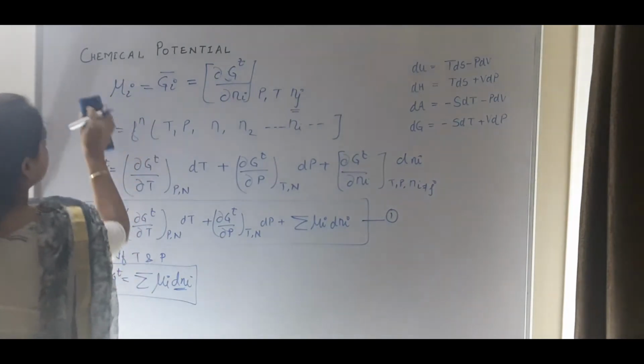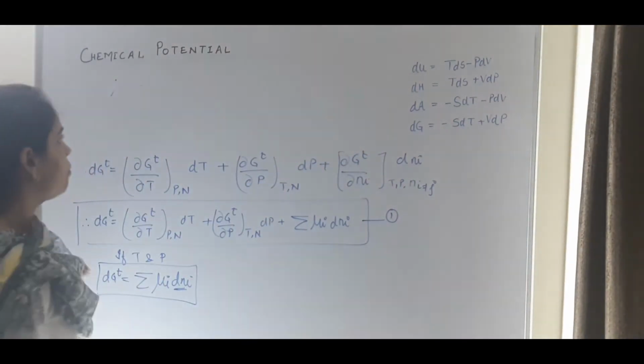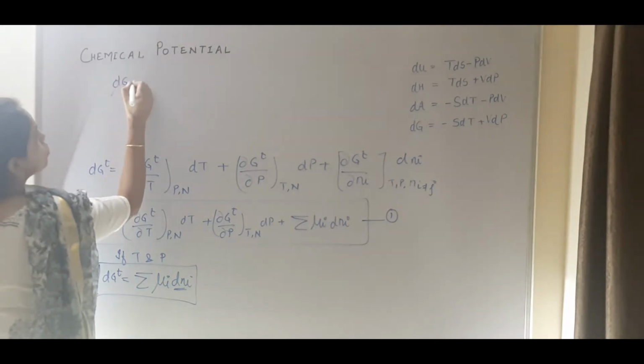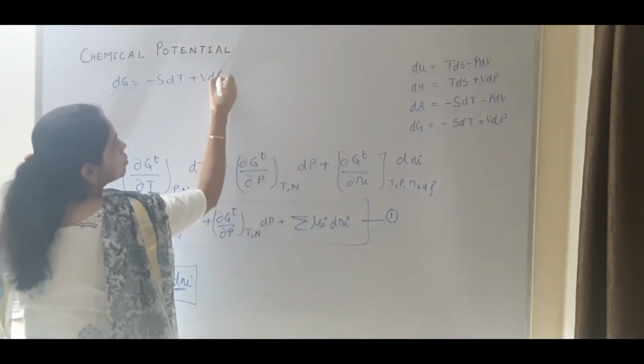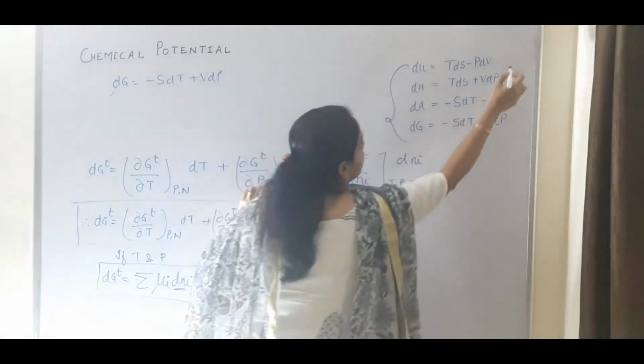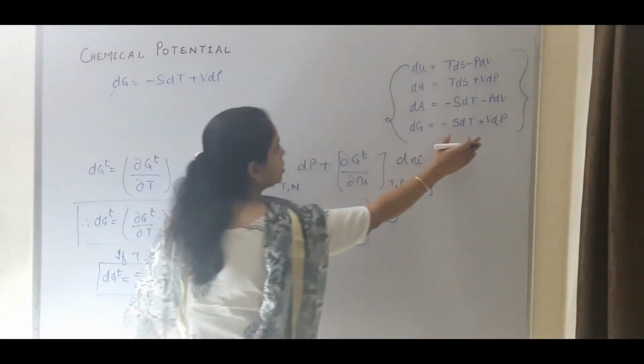Now from the fundamental thermodynamic properties, we know that dG equals minus S dT plus V dP. These are the fundamental thermodynamic relations, and I have already made a video on this also.